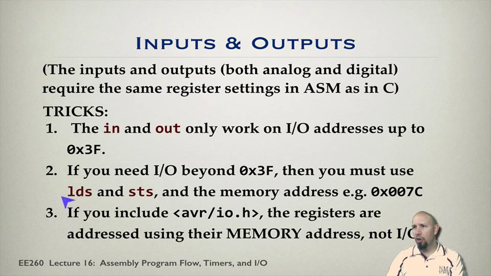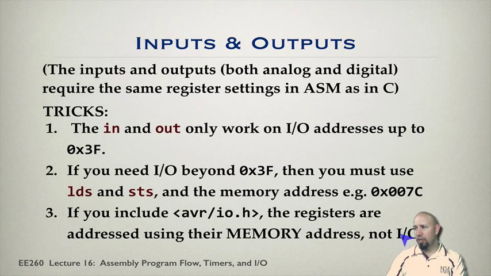LDS loads from static RAM, and STS stores to static RAM. Instead of using the I/O address, you need to use the memory address. This is the kind of thing you need to work with when you're using LDS or STS. Now, if you include the avr/io.h header file in your assembly, then the registers are addressed using their memory address, not their I/O address.